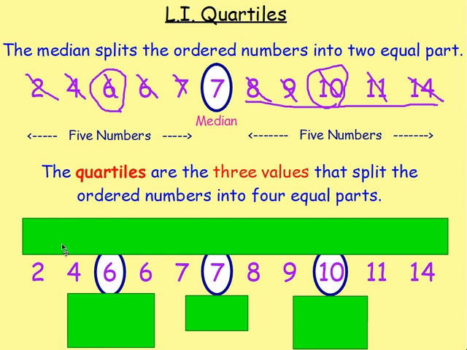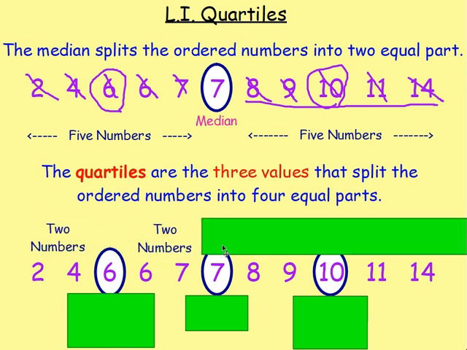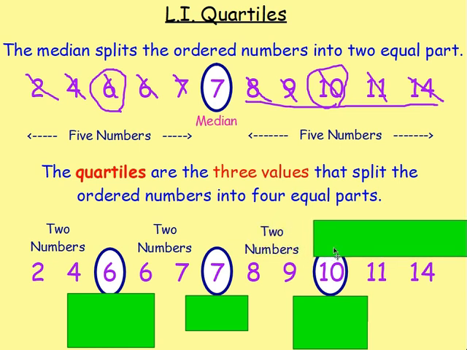What we've done by taking these 3 numbers is we've split this list of numbers into 4 equal parts. If you ignore these numbers, we've got 2 numbers, then this 6, then 2 numbers, then the 7, then 2 numbers, then the 10, and then another 2 numbers. So it's 2, 2, 2, and 2. They are all equal. We have quartered that list of numbers.